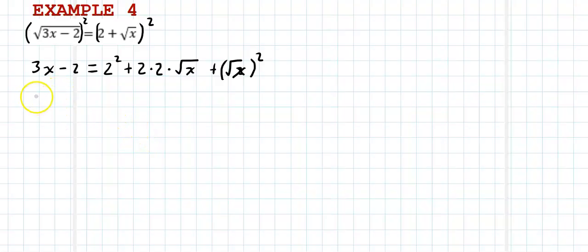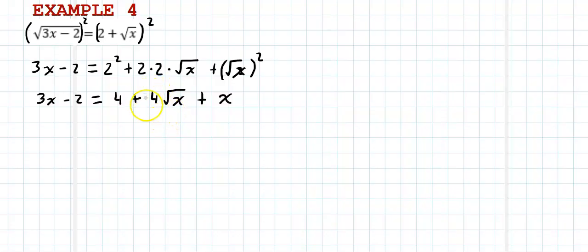Now, if we simplify, we have 3x minus 2 equals 2 to the second power, that is 4, plus 2 times 2 is 4 times the square root of x, plus the square root of x to the second power is x. Now we again have a square root on one side of the equation.